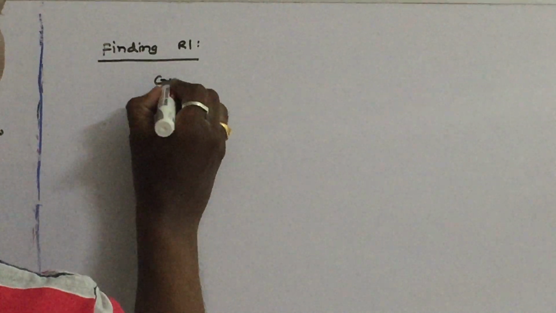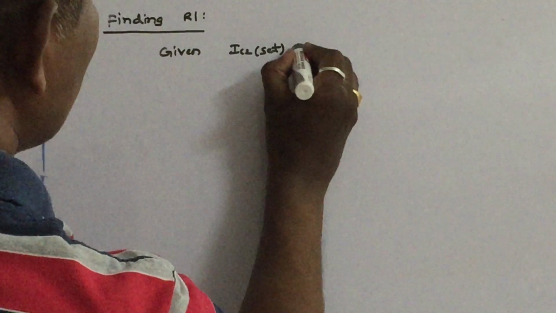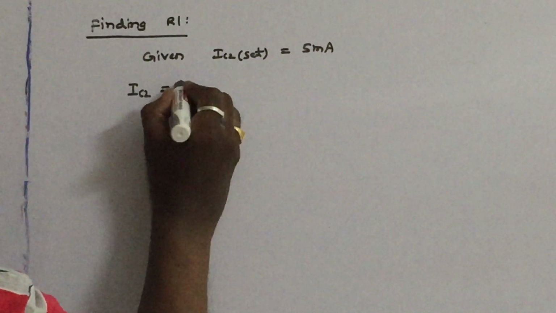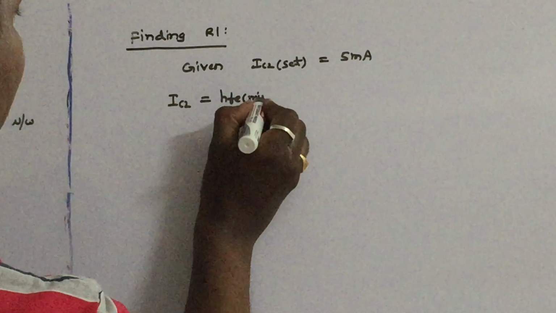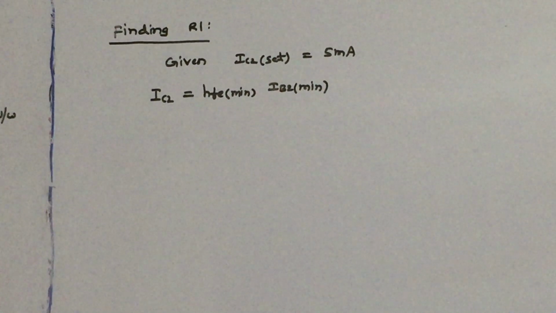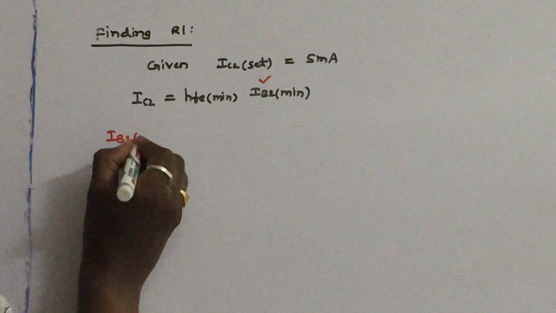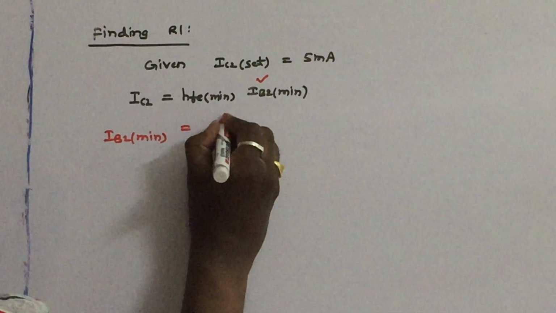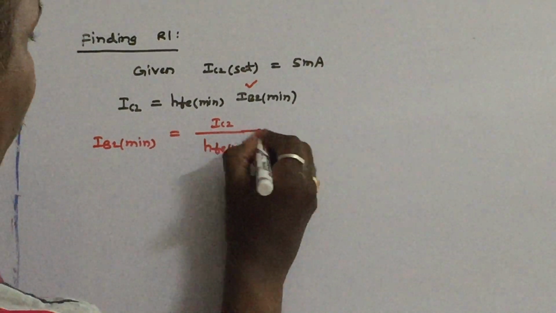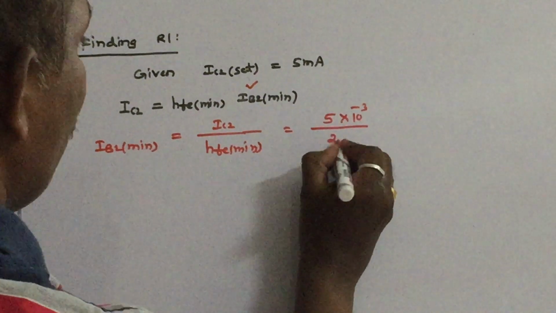What is given? IC2 saturation, which we have assumed as 5 milliamperes. Use this formula from EDC basics: IC2 is equal to HFE minimum into IB2 minimum. So IB2 minimum is equal to IC2 saturation by HFE minimum. We have assumed 5 milliamperes, 10 power minus 3, by HFE minimum, which is 25.